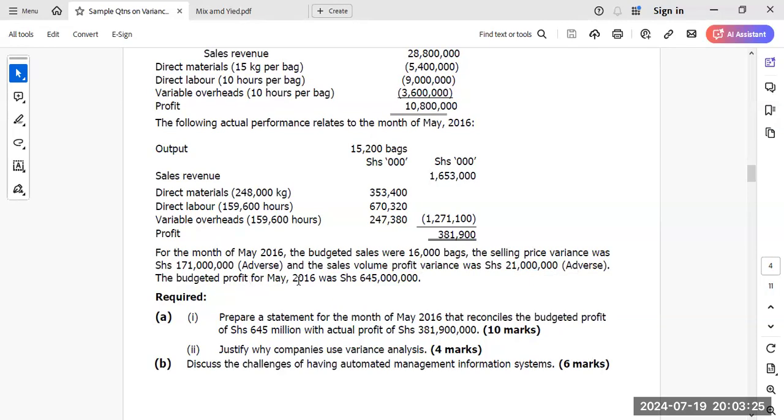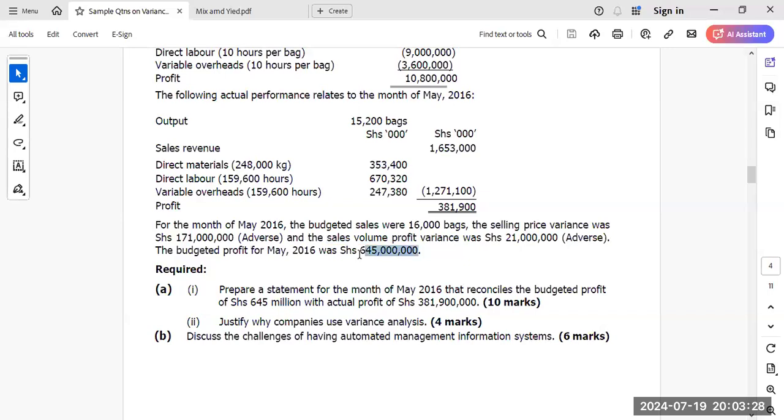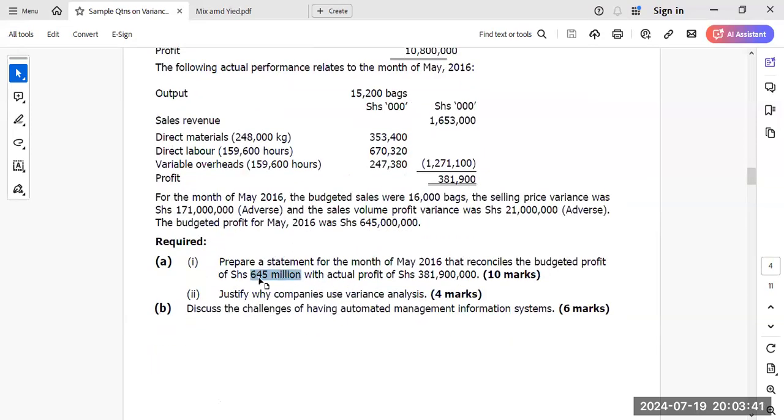The budgeted profit for May is 645 million, which is the figure we want to reconcile with the actual profit of 3,321,900,000. I said you change this to 2.